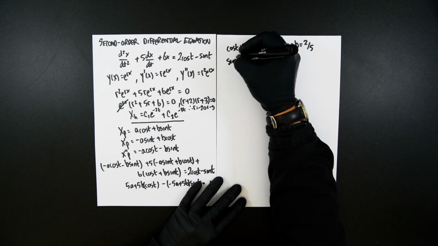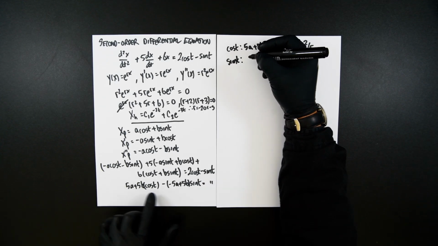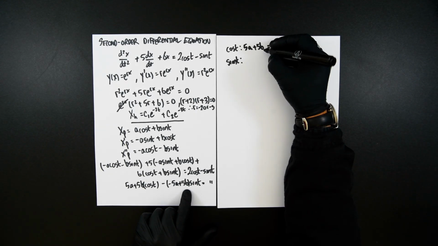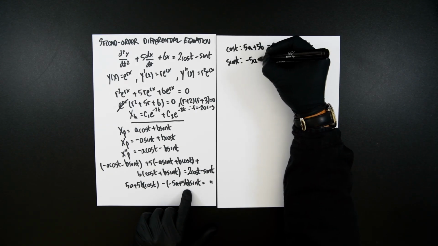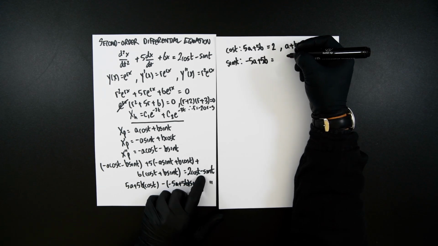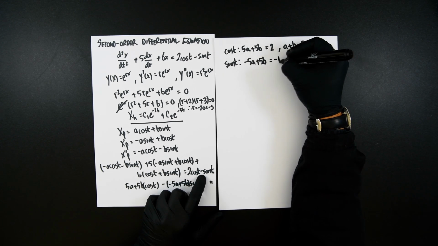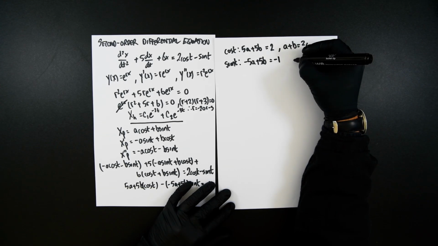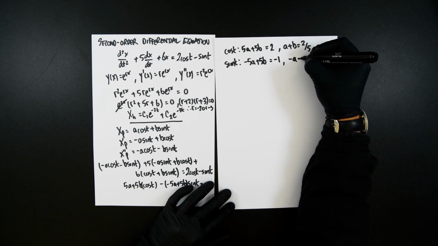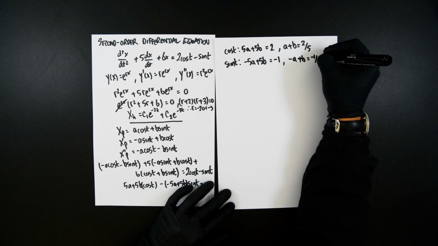So now let's look at the sine t's. So here we have minus 5a plus 5b, and on the right-hand side we just have a minus 1 next to the sine t. So if we rearrange that, you're going to get minus a plus b equals minus 1/5.